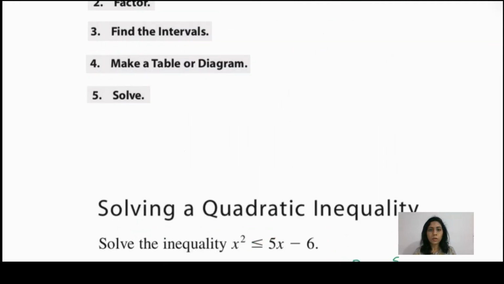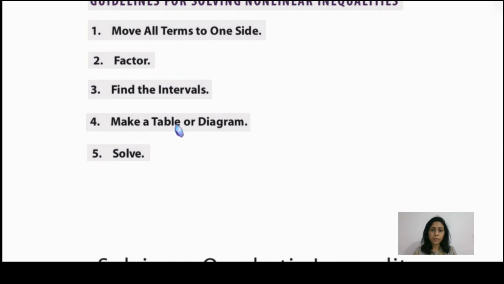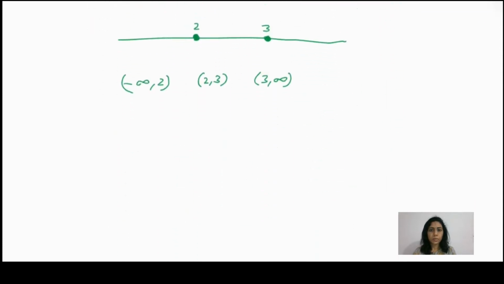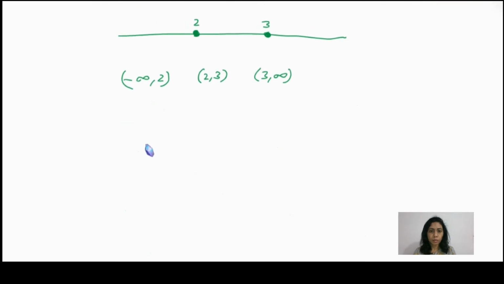Okay, now here make a table or diagram. For what? I'm explaining here. Okay, so again I am drawing the number line. This is 2, this is 3. Okay, and this is, yes, minus infinity to 2, 2 to 3, 3 to infinity.